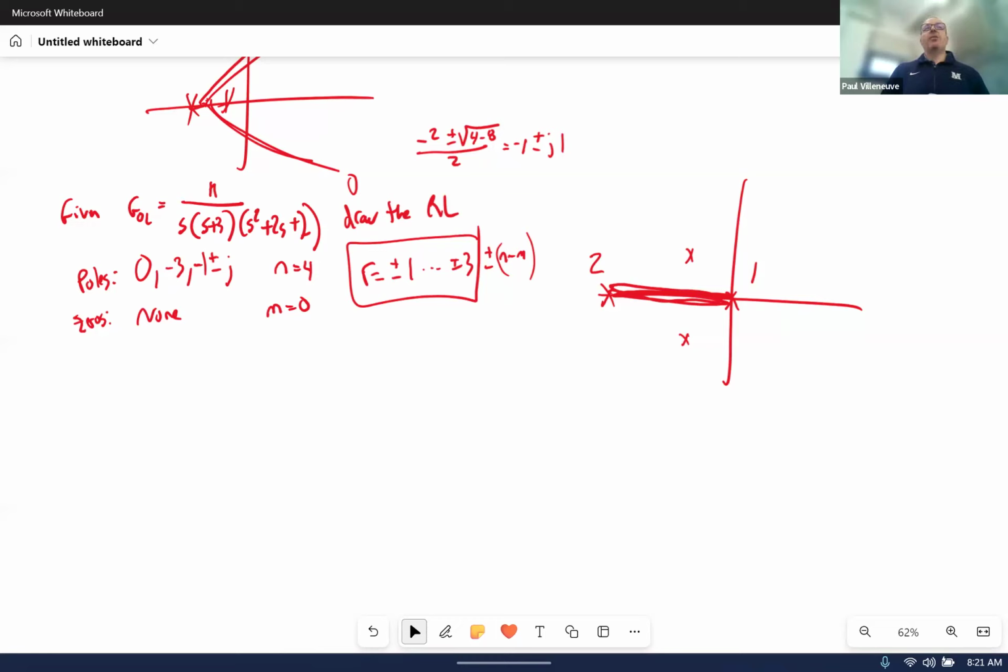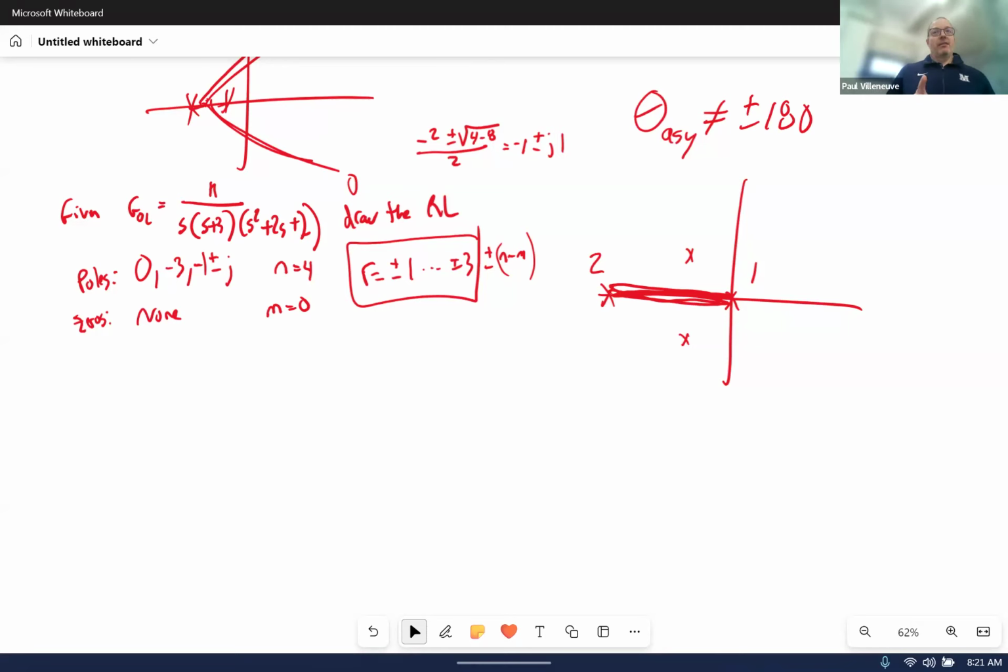No, the angles, the actual degrees. I know the angles of the asymptotes cannot be plus or minus 180. Why can't they be plus or minus 180?